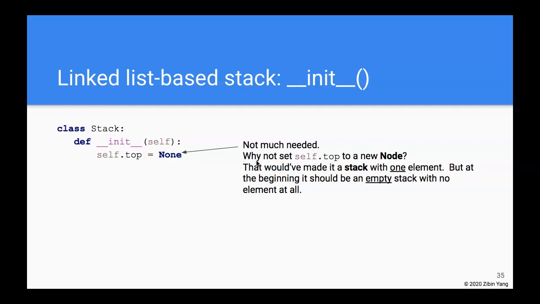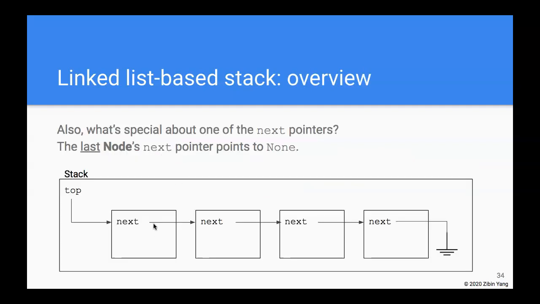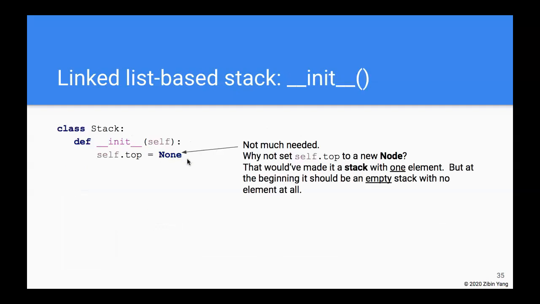So you might ask, okay, well, top is eventually going to point to a node. Why don't we create a node and have top point to it? Well, if we set top to a node, that would mean that the stack already has one element in it, right? So it already has one node. That's why we shouldn't do that. We want to start with an empty stack.